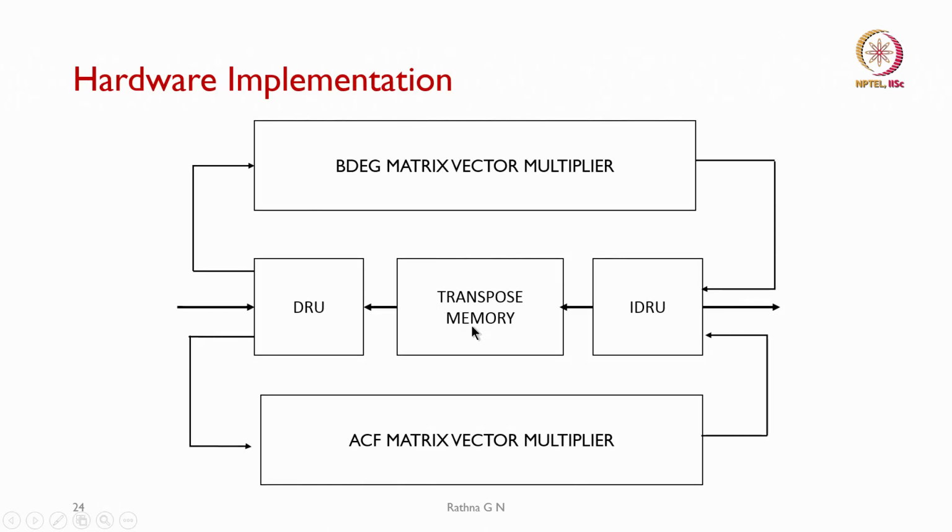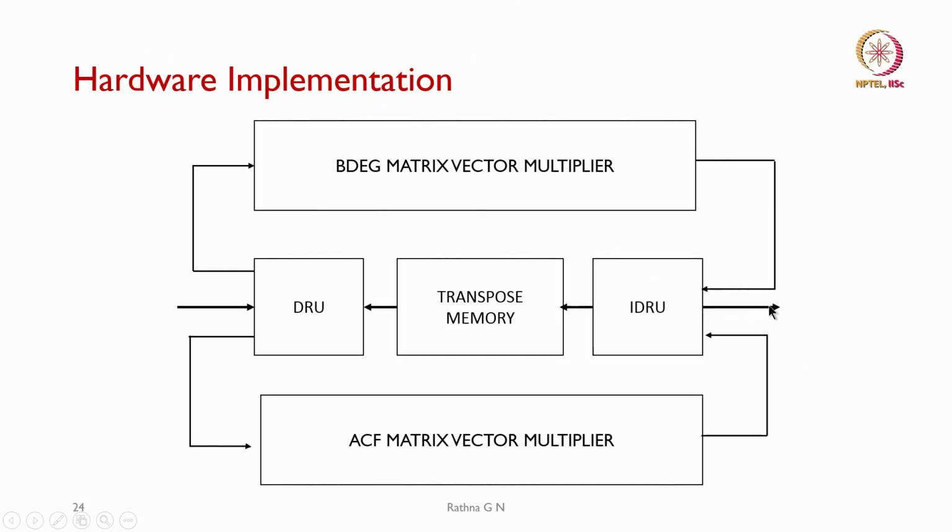You will have the transpose memory and the ACF matrix vector multiplier. Input comes here and this output is given to our inverse data reorder unit. Then we do the transpose, get the BDEG matrix vector multiplier, feed it in, and take the output from here.